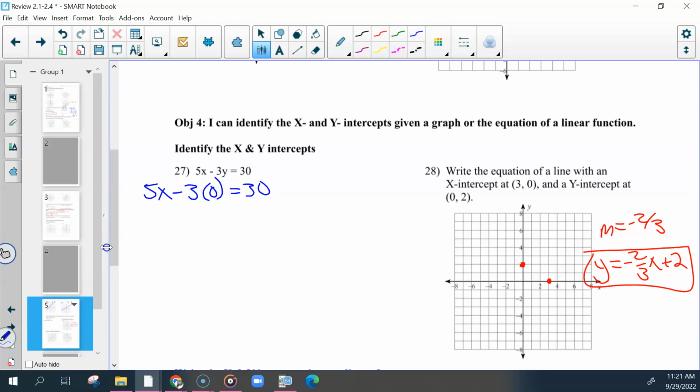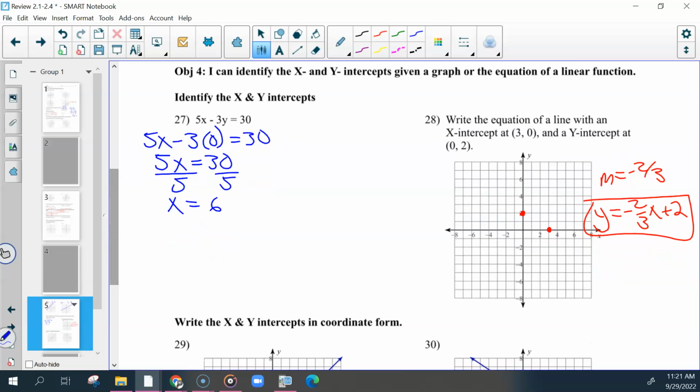And then you can start to skip steps because this will become 0. The 0 you don't have to write. You can just write what's left. And solve for x. Make sure you still label your x-intercept and y-intercept and write it as an ordered pair though.